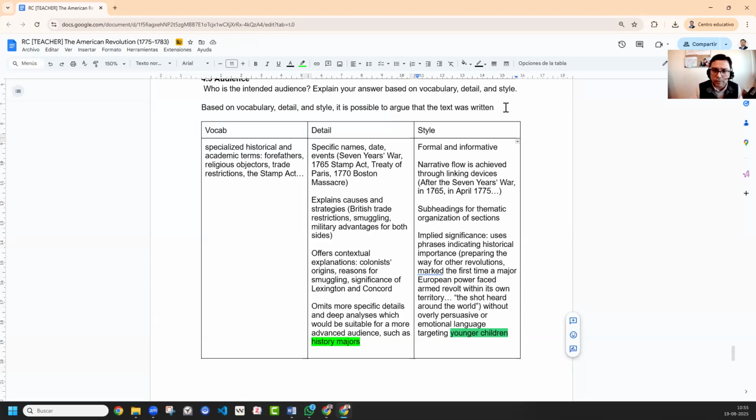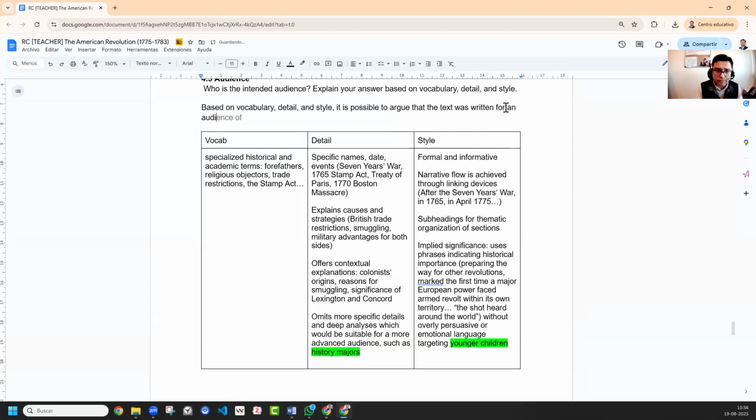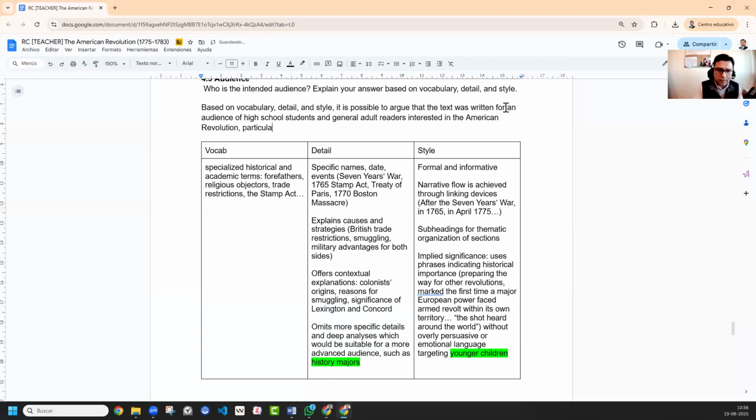So the text was written for an audience of high school students and general adult readers interested in the American Revolution, particularly in the 1775-1783 period.